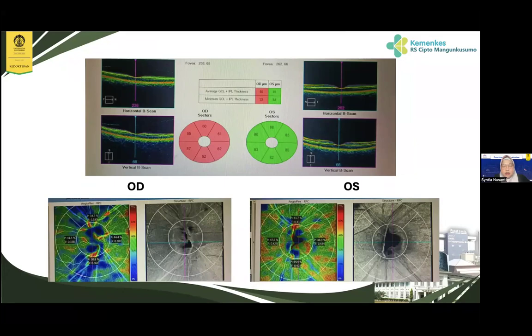And right now we're using OCTA. In the patient with non-arteritic ischemic optic neuropathy, we found also a blue area in the superior and also in the inferior. So we diagnosed this patient with non-arteritic ischemic optic neuropathy and dealt with the risk factors.